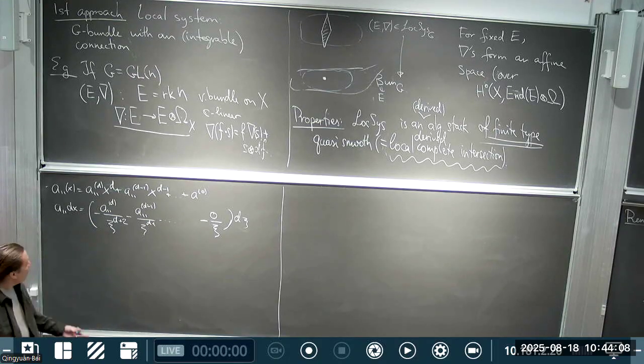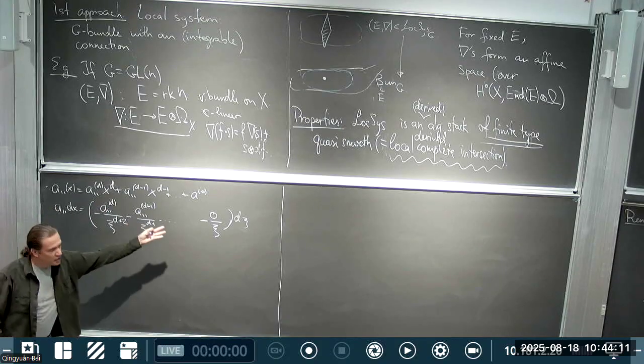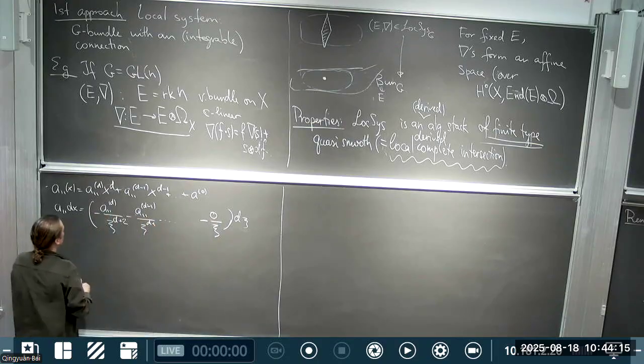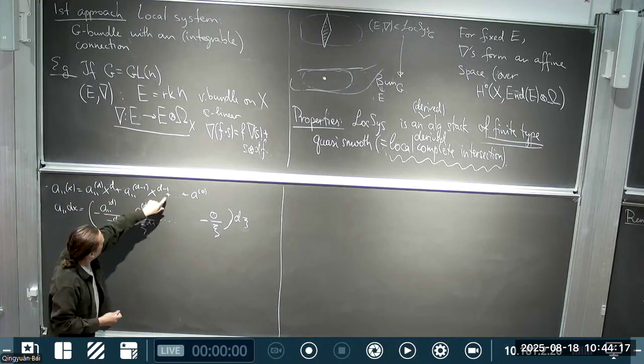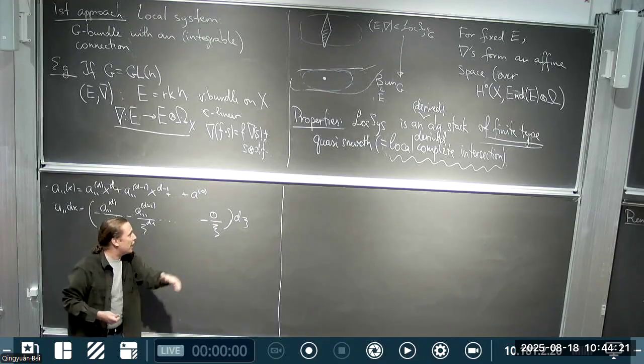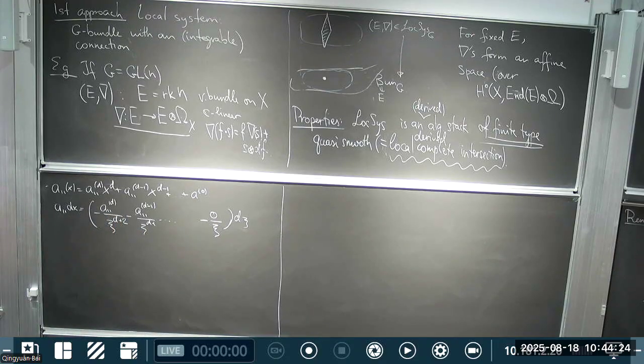Now I'm supposed to ask for this connection to have no pole, so I set all of these equal to 0 one by one, but that's not it. At the end, I also have to write the equation 0 equals 0.